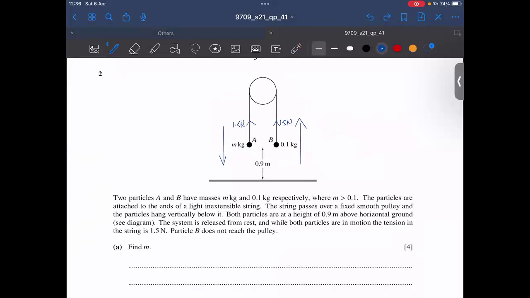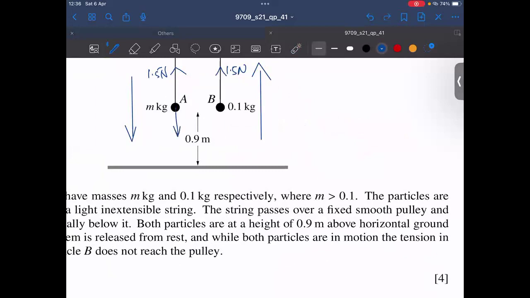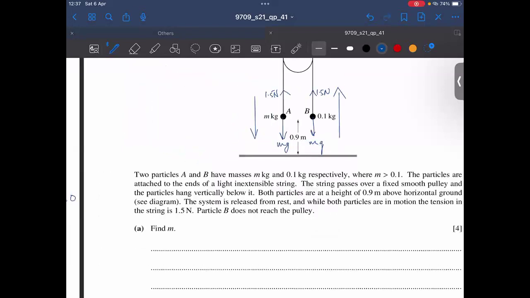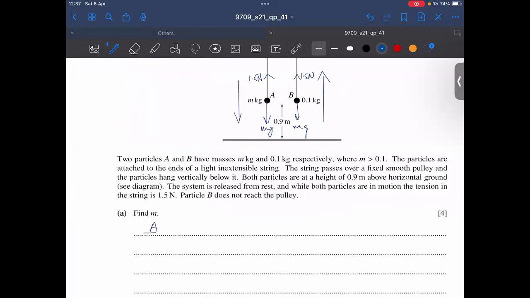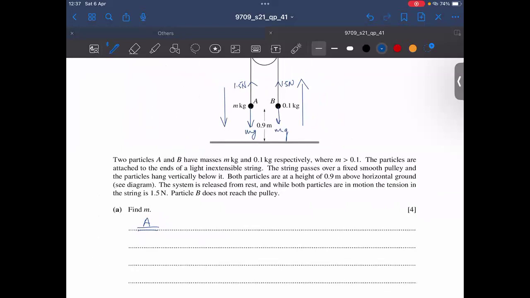So I have this as Mg. Now I'm going to be looking at A first. I'm going to be applying Newton's second law, taking upward as positive and downward as negative.